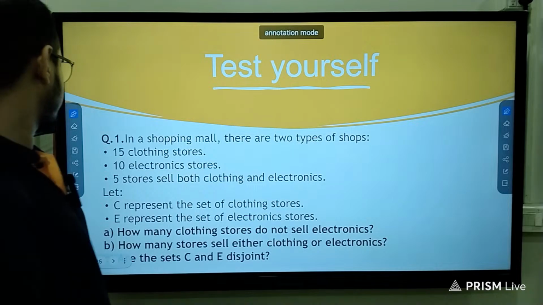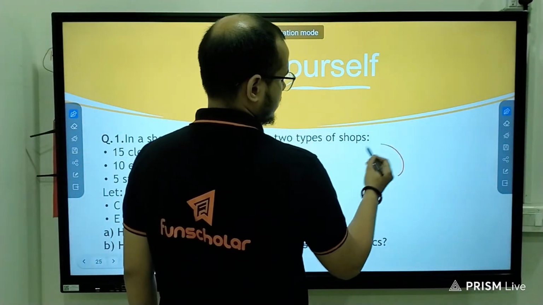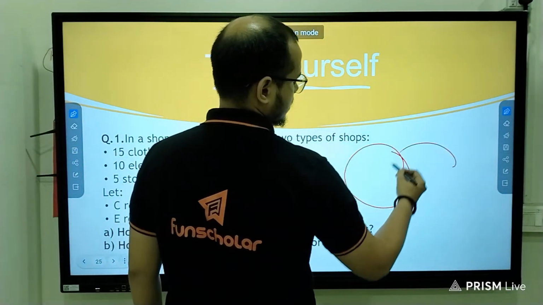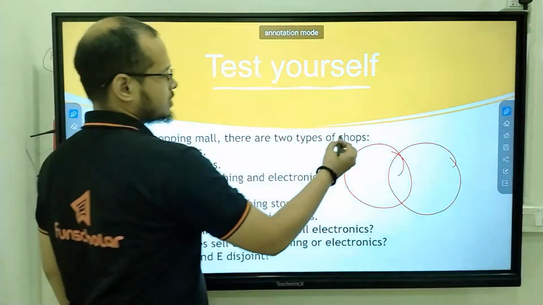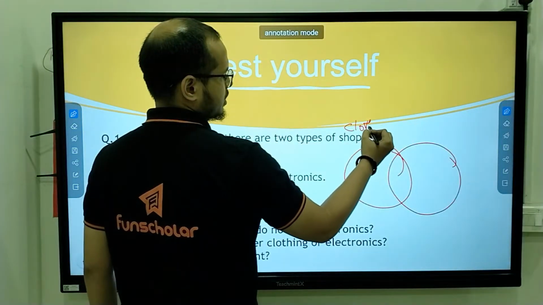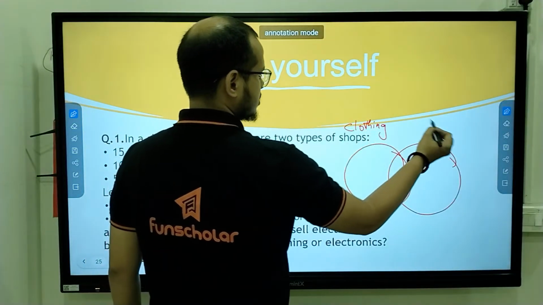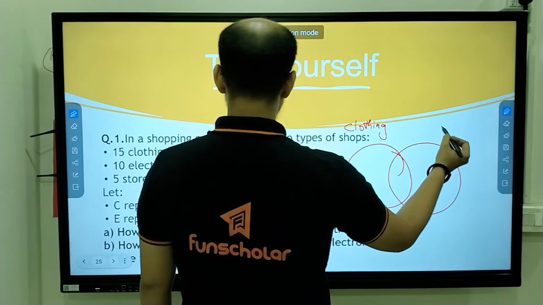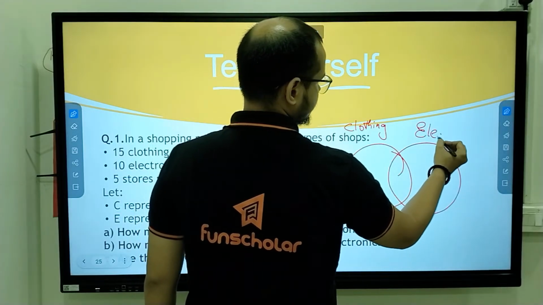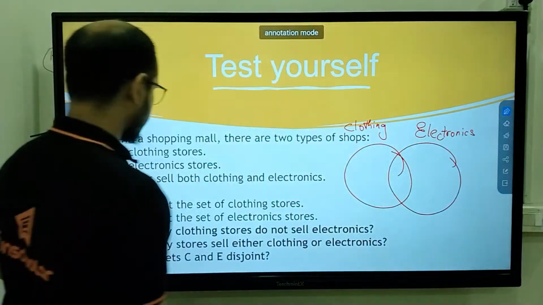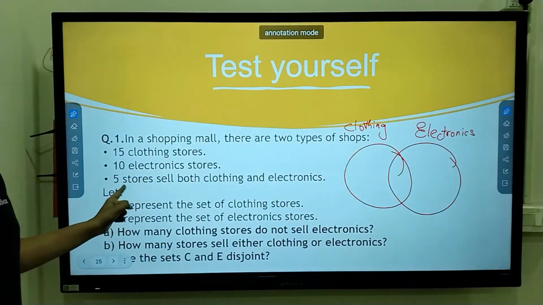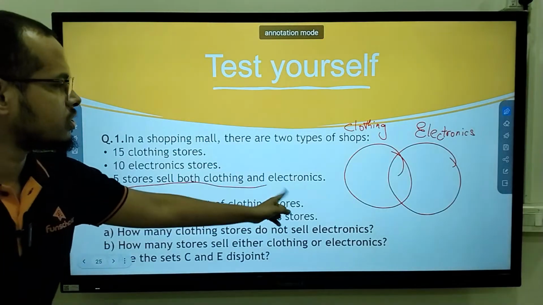Okay, to solve this, let's begin. First circle, second circle. The first circle signifies clothing stores, and the second circle signifies electronics. Firstly, whenever we have something in common, the five stores sell both clothing and electronics.